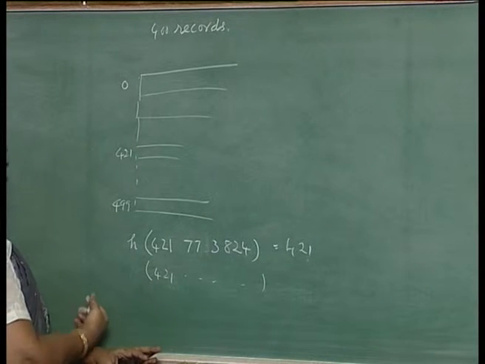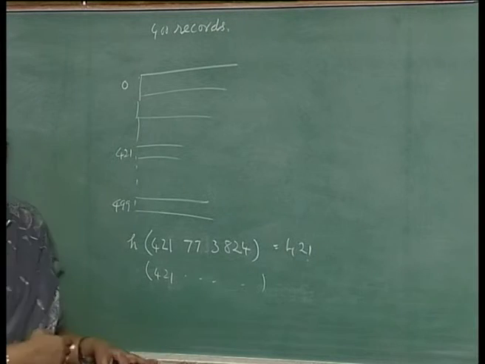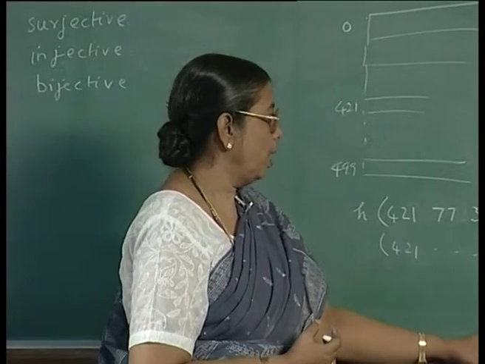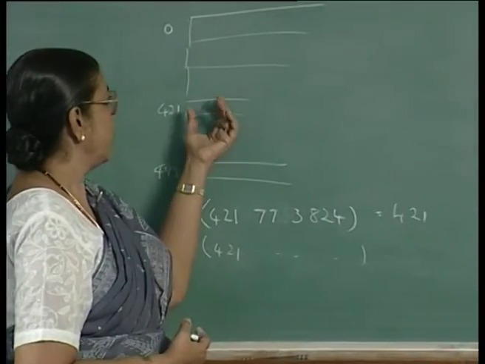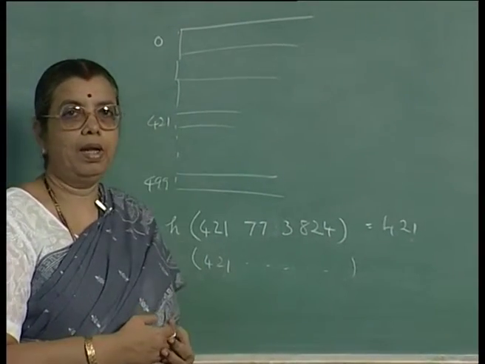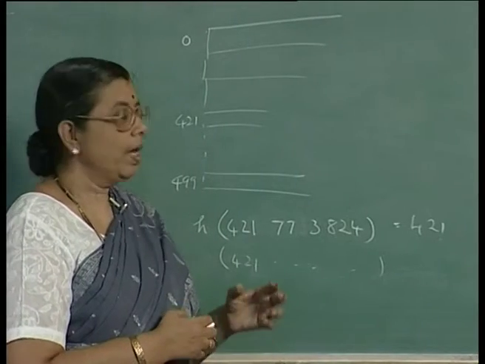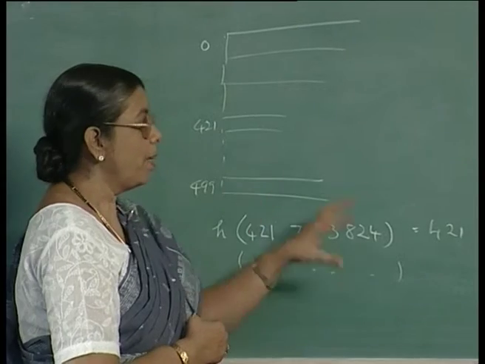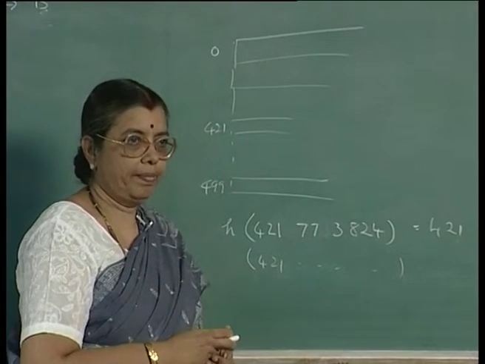So, if it so happens that in the 400 records you are having 300 of them beginning with 421, you have to store 300 of them here, that is not possible. As far as possible, you would like to have each one mapped onto a different number.